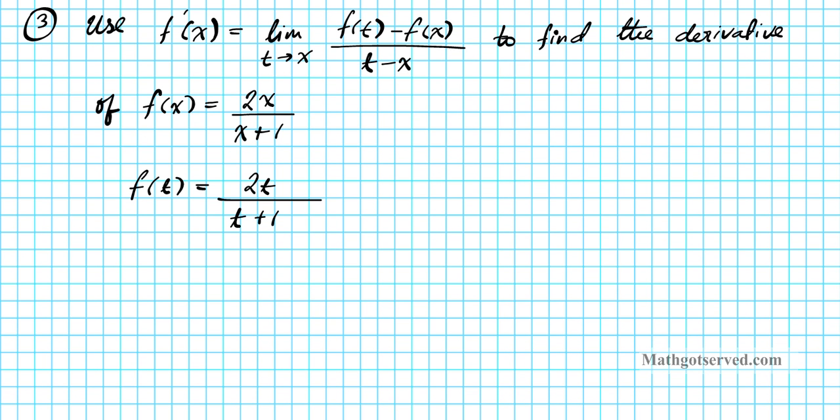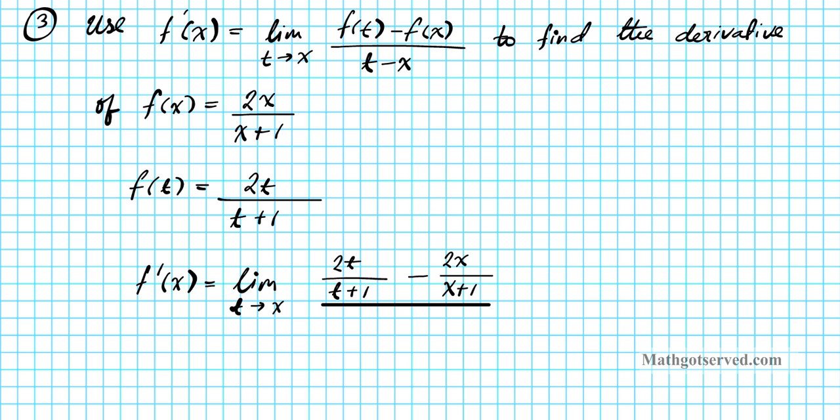Alright, so the derivative, which is what we're looking for, f prime of x, equals the limit as t approaches x. F of t is 2t over t plus 1 minus f of x, which is 2x over x plus 1. And then all that divided by the denominator, which is t minus x.